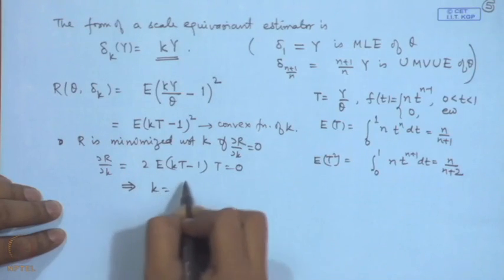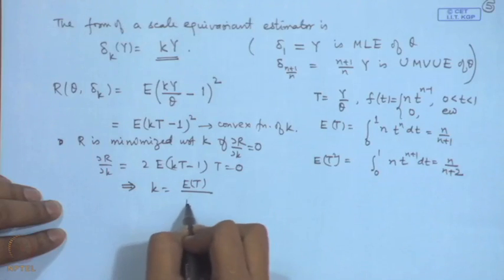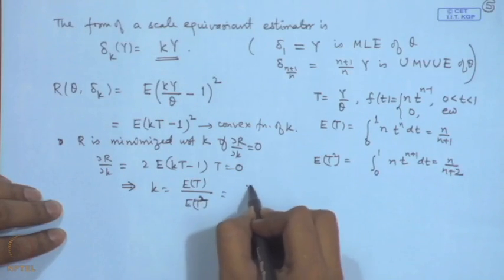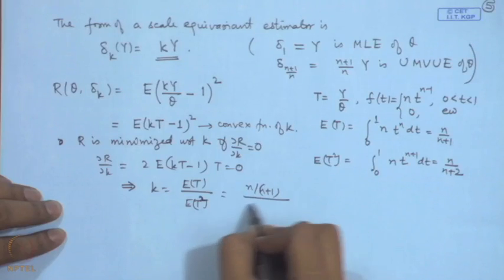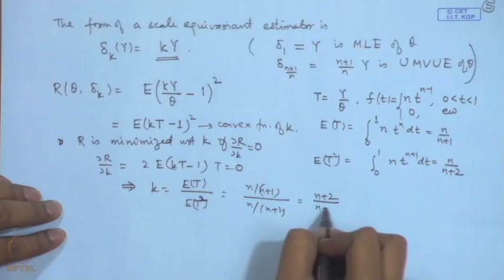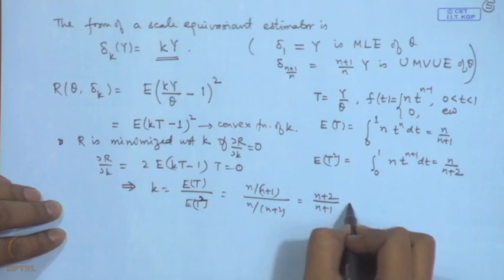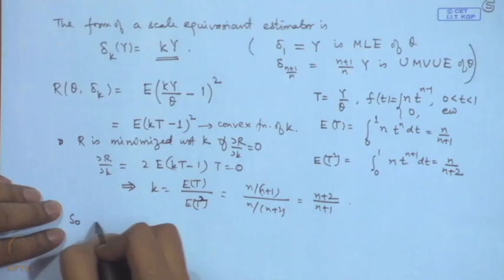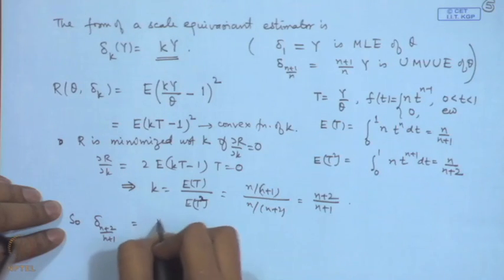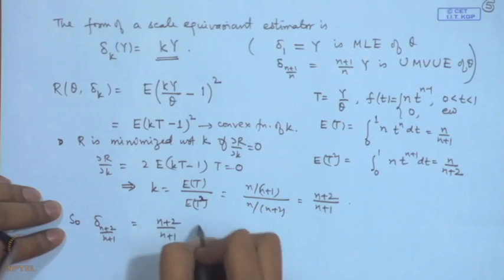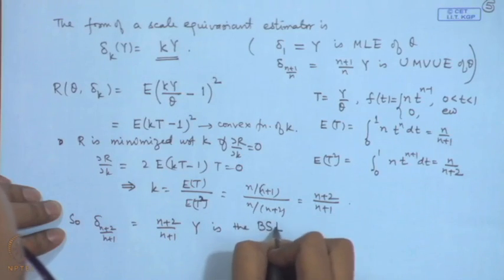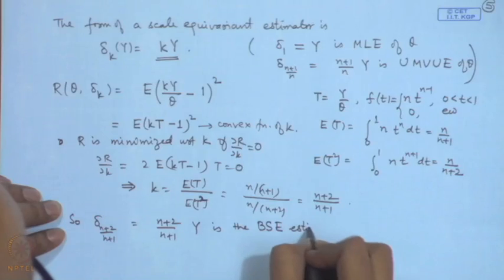That means k is equal to expectation of t by expectation of t square, and that is equal to n by n plus 1 divided by n by n plus 2, that is equal to n plus 2 by n plus 1. So, delta equal to (n plus 2 by n plus 1) y is the best scale equivariant estimator of theta.